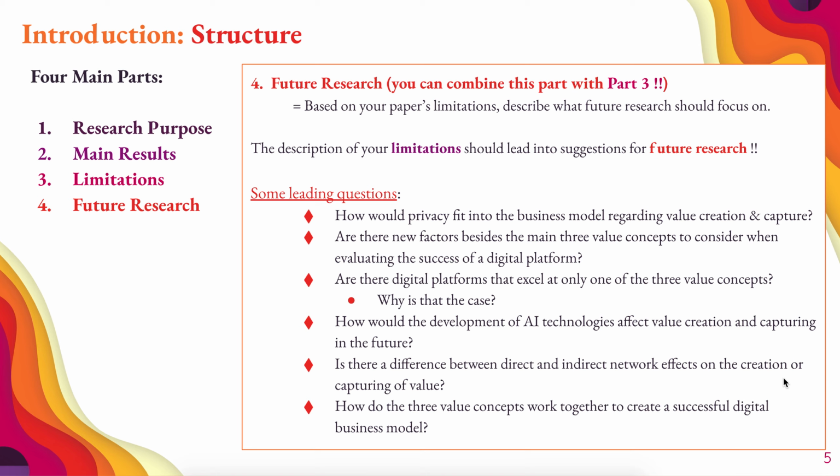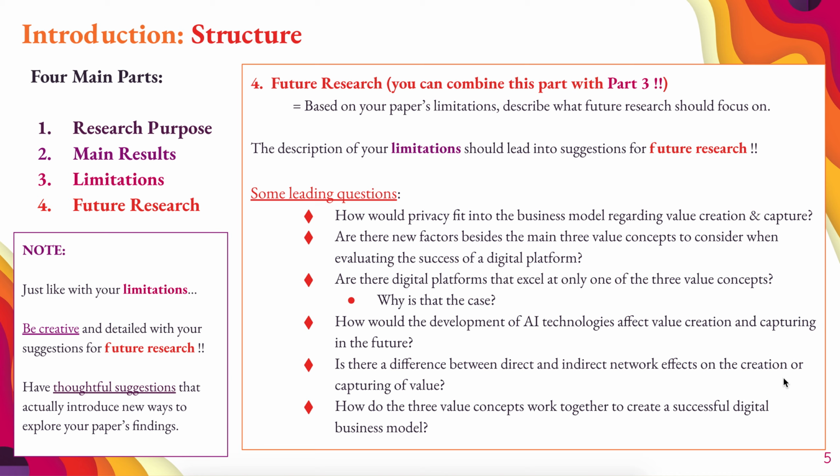But one thing to note is that you should be specific and concise with your future research suggestions. Don't just say, oh, there should be future research on value creation. That's way too vague. Try to actually think of a new research question. So if we look at the first leading question, to what extent would privacy play a role in the value creation aspect of a digital business model?